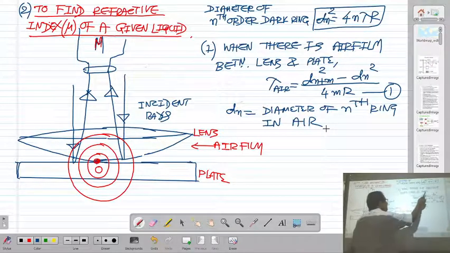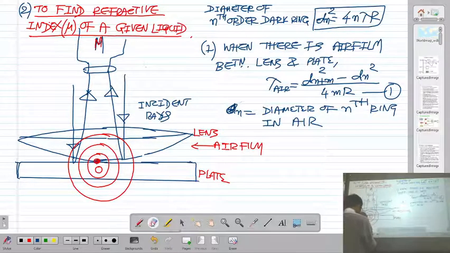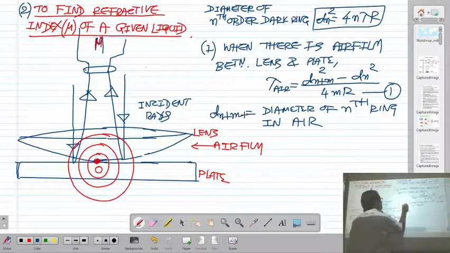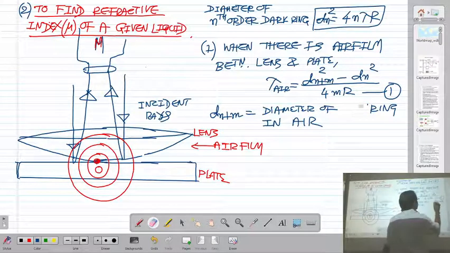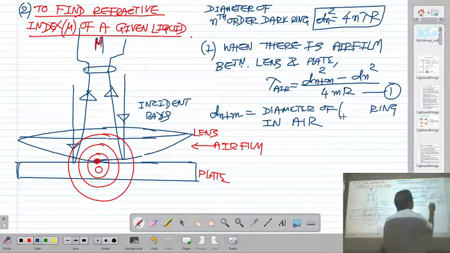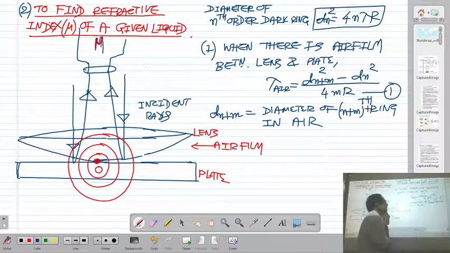Now what is Dn+m? Dn+m is the diameter of n plus mth dark ring in the air, right?